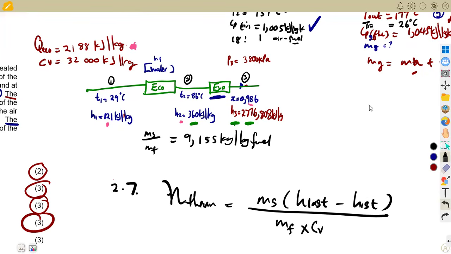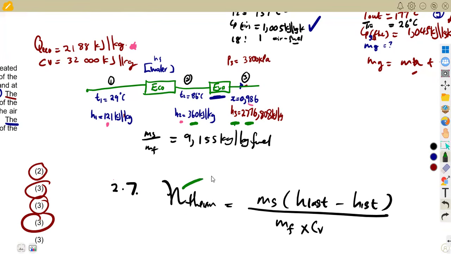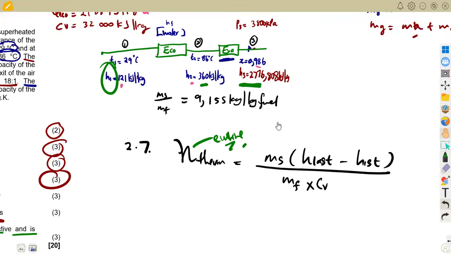They are saying for this one, we removed the superheater. So this one is for the entire plant, the whole plant that we're talking about here, but only that the superheater is removed. So for the entire plant, it means our enthalpy at the last point is H3, and H first is H1. Our plant starts here. So it's going to be H3 minus H1. So take note about how this formula is given.